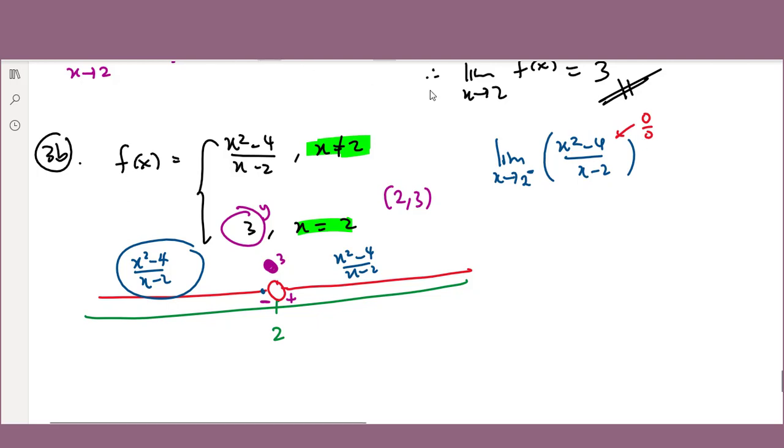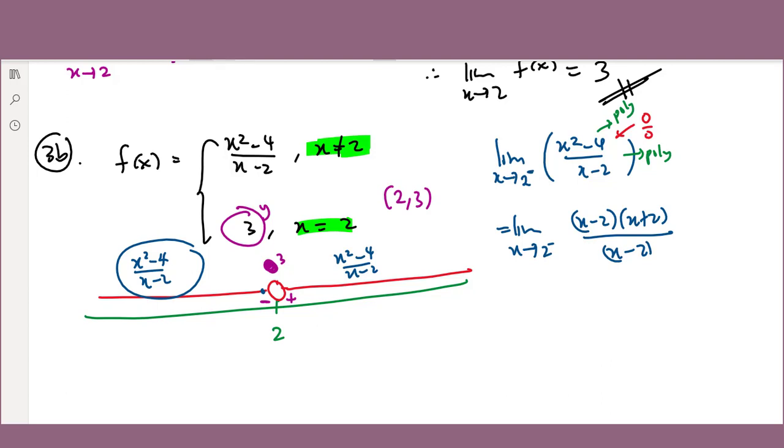And check, this is polynomial over polynomial, so we need to factorize. Continue. Factorize: limit as x approaches 2 from the left, (x minus 2)(x plus 2) over x minus 2. This one can be cancelled because they are equal. Then we get limit as x approaches 2 from the left of x plus 2. Then substitute 2 plus 2 is equal to 4.